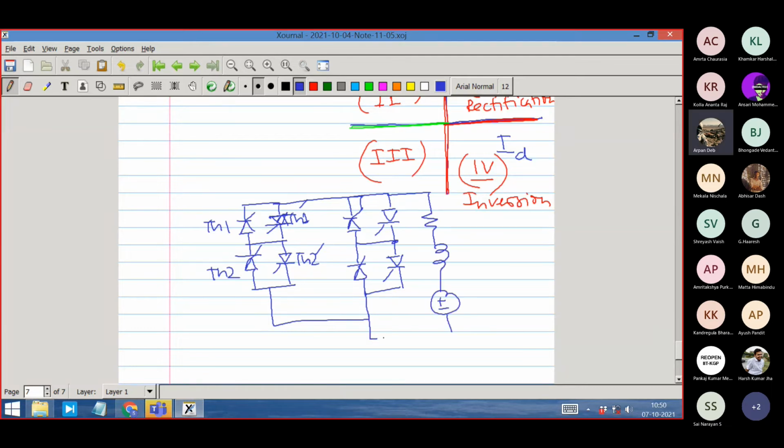Sir, can you explain that part again? Why you used anti-parallel thyristors?